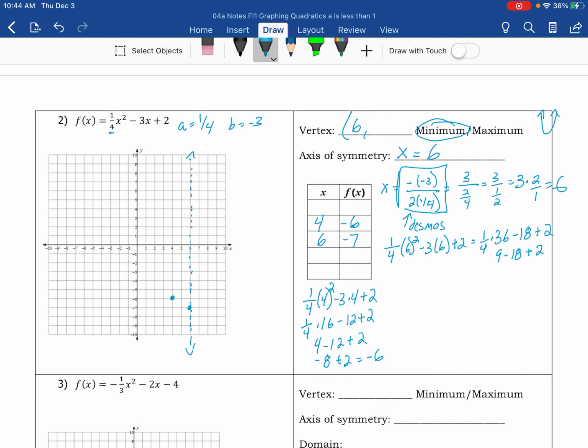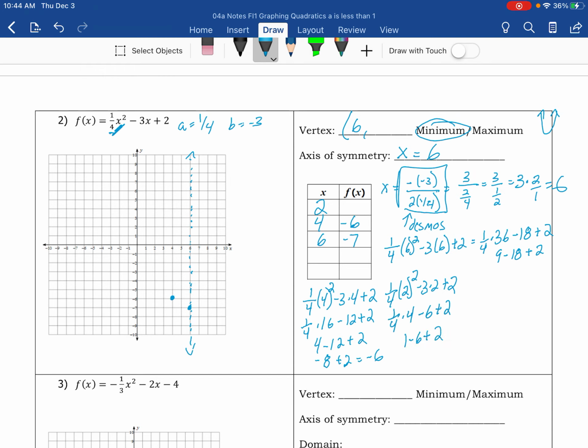Okay, let me pick another point. So I'm going to pick 2. Now 2 isn't divisible by 4, but 2 squared is divisible by 4. So that's why 2 is okay, because I want to get rid of this fraction. If I square it, I know that I'm going to be getting rid of that fraction. So this is going to be 1/4 times 2 squared minus 3 times 2 plus 2. 1/4 times 4 minus 6 plus 2.